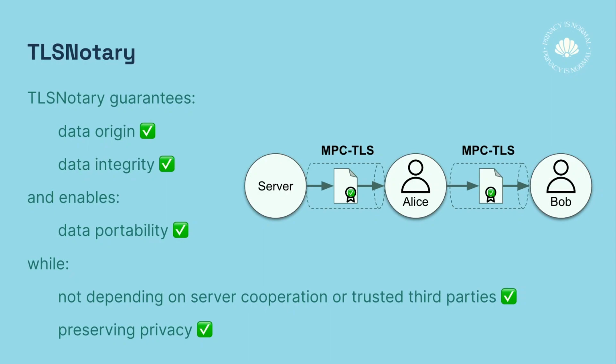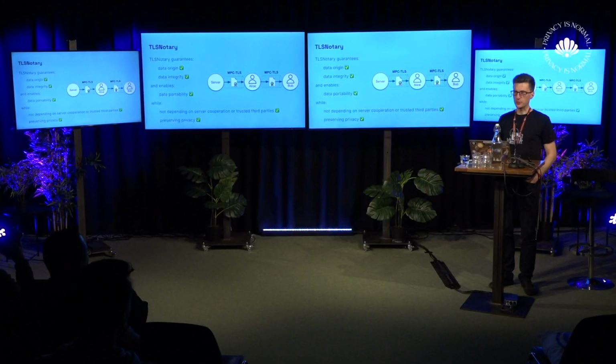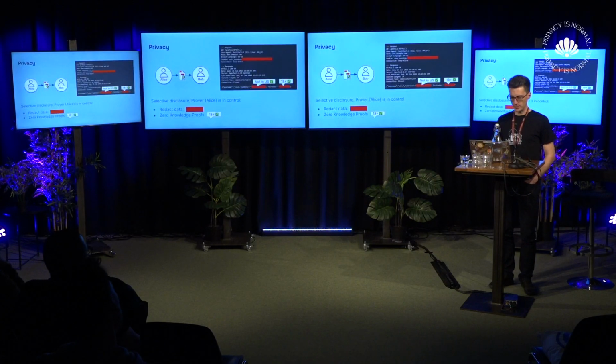And at the same time, TLSNotary also does not depend on cooperation of the server. At the server side, nothing needs to change, and no extra parties are involved. And as I will explain next, it also gives full control to Alice for her privacy.